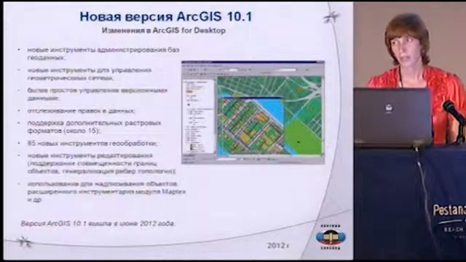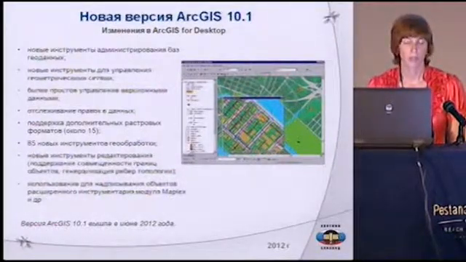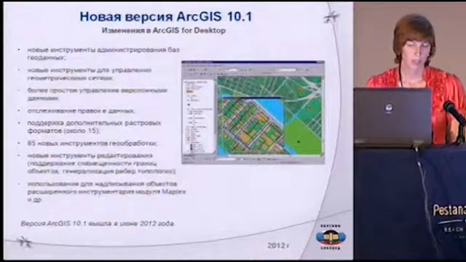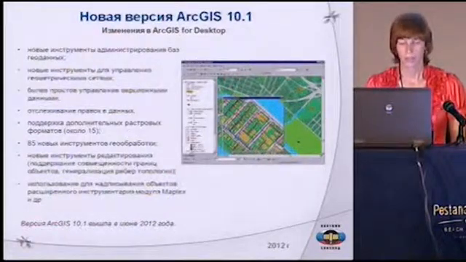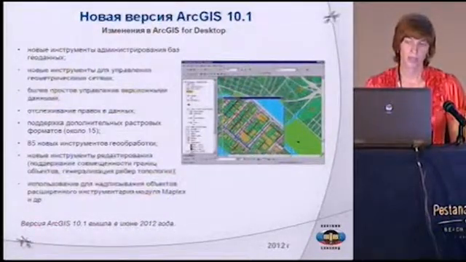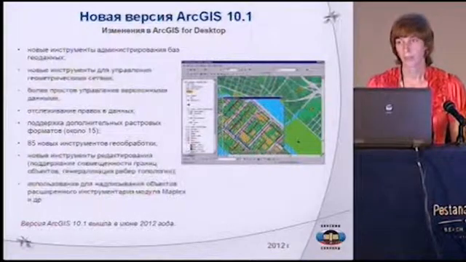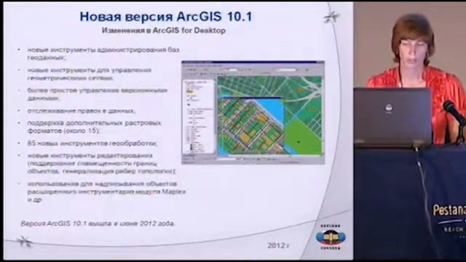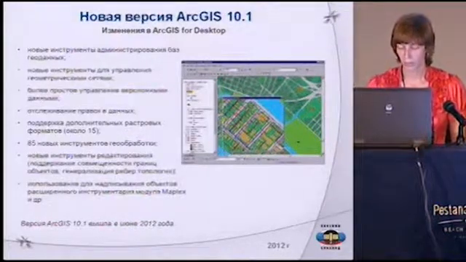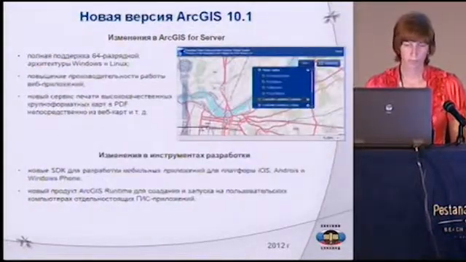It now has new tools of administration for geodatabases, new instruments for data editing, version control, tracking. In fact, this is a very long list, and this slide shows just a few of those improvements.